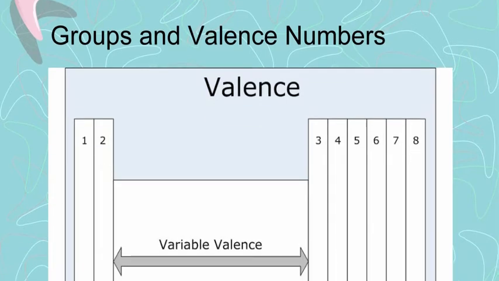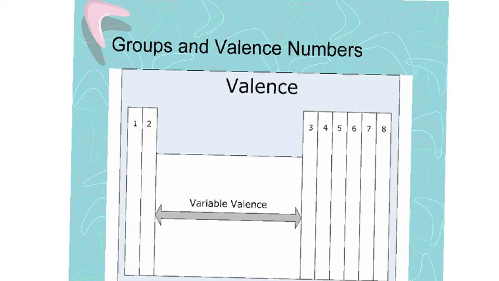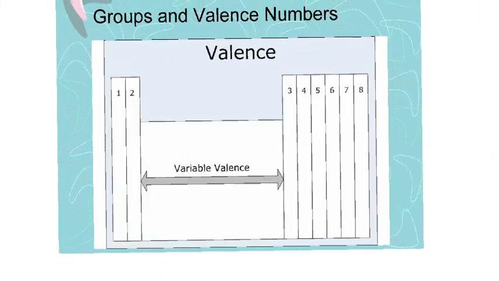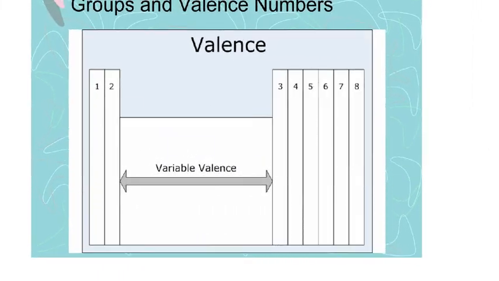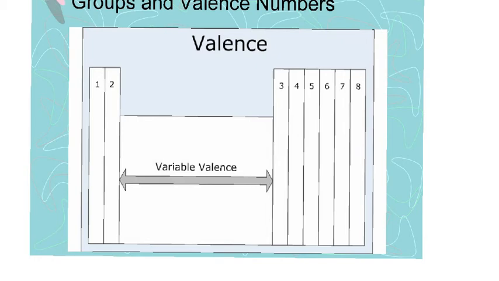Here's another way to organize the information and look at it. The tall columns here, sometimes we give them the group numbers 1. Let me just point to them so that we can follow along. 1, 2. This is really group 13 on your table, but we're saying it's the third tall column. 4, 5, 6, 7, 8.